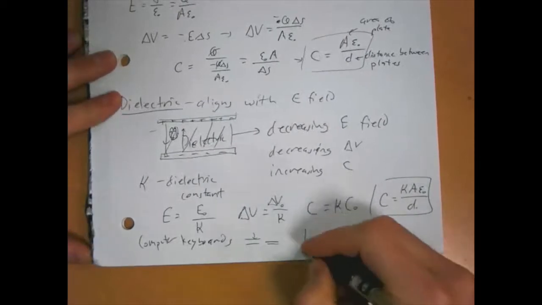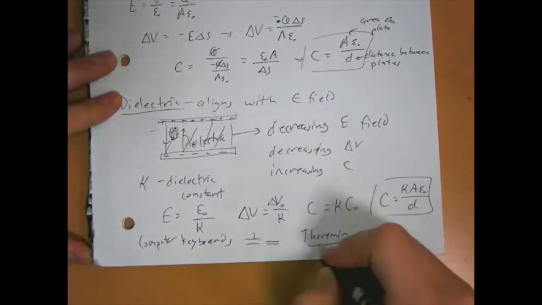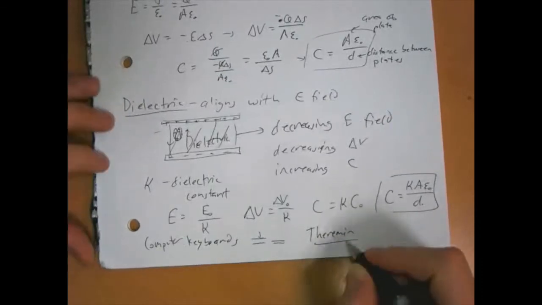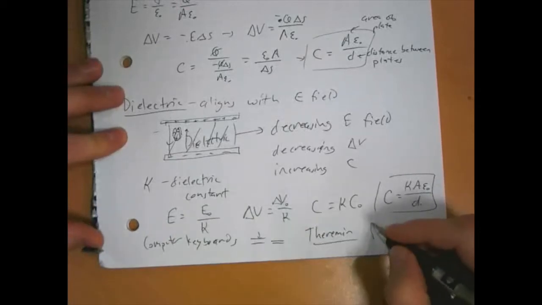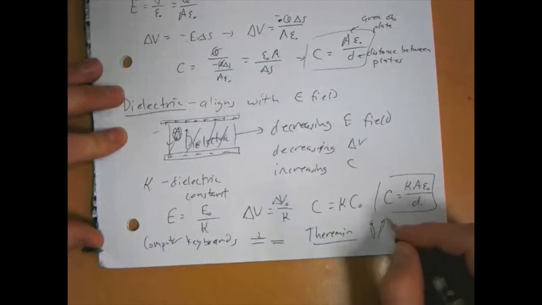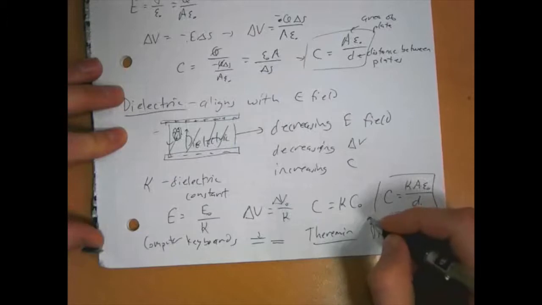Another application of capacitance is this really weird instrument called a theremin. I'm not even sure if that's how it's pronounced. It has two antennae, and there's a little ball on top of it. You move your hands over the theremin, and your hands act as the second plate. So your hand is one plate, and the antenna is the second plate of a capacitor.